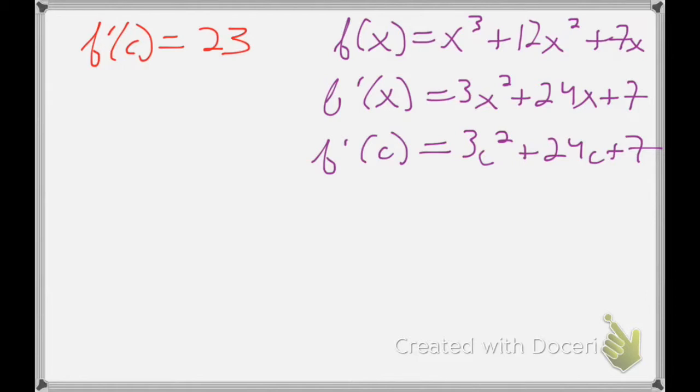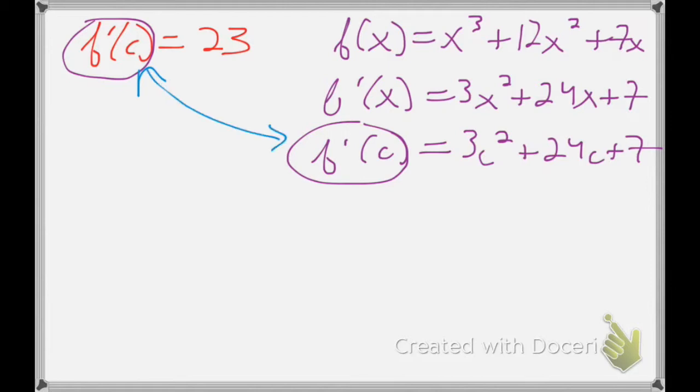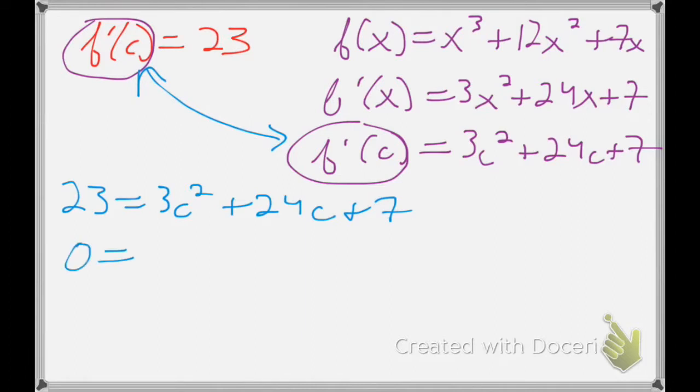Now we have two equations. This is our first one, this is our second one, which equal f prime of c. In terms of c, all we have to do is to set them equal to each other, and we will be able to solve for c. So 23 will equal 3c squared plus 24c plus 7, and 0 will equal 3c squared plus 24c minus 16.